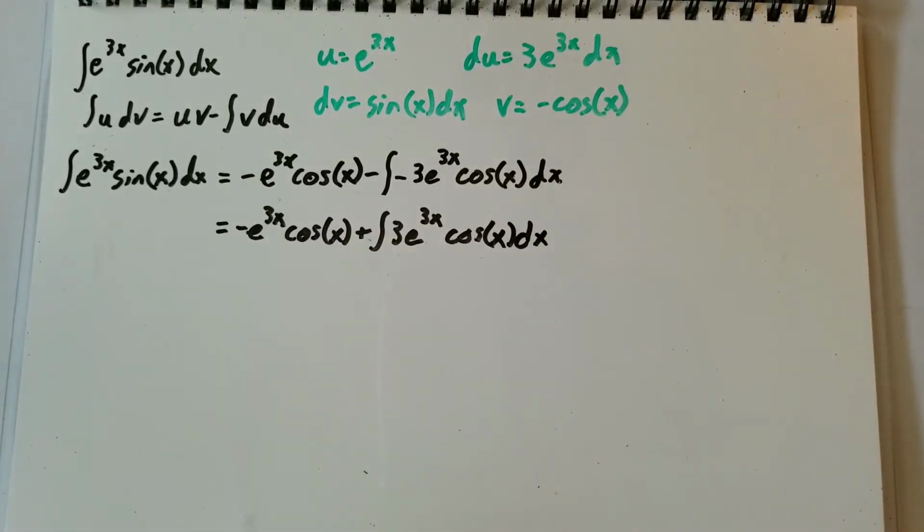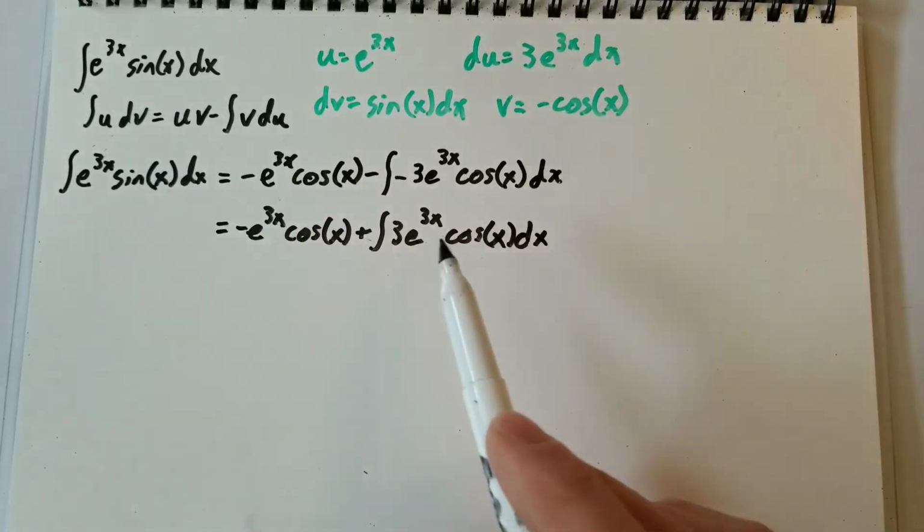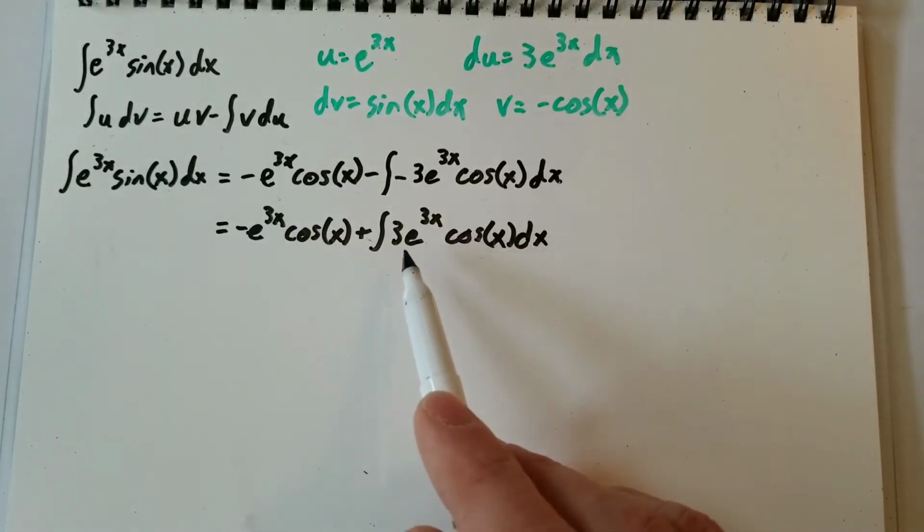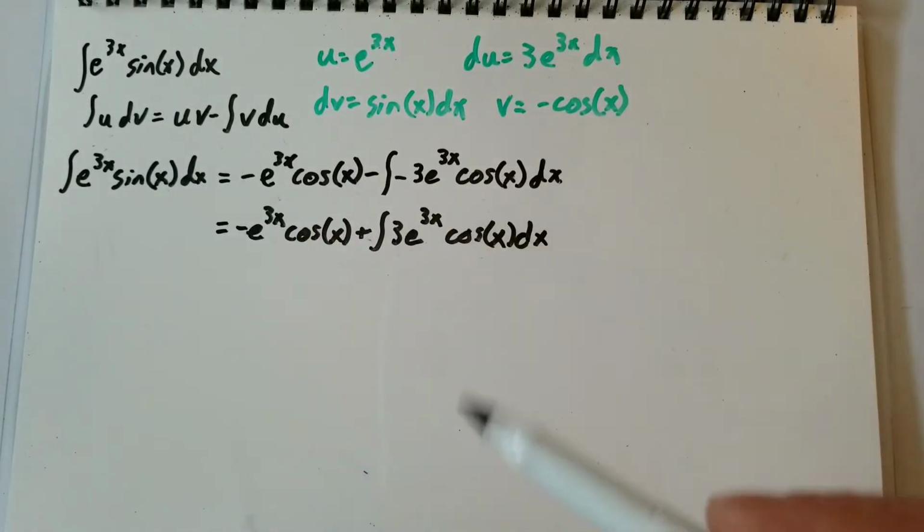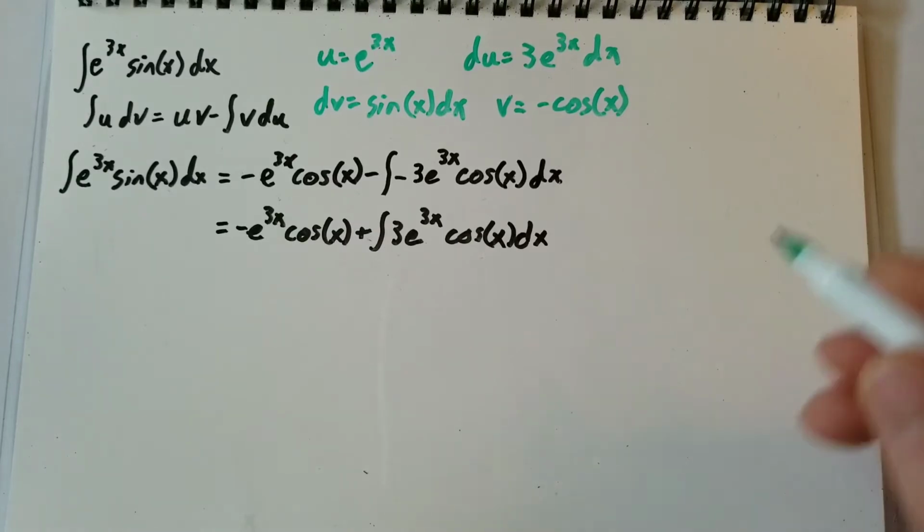Now when looking at it, we're going to notice that we have to do integration by parts again. So that's two times we're doing integration by parts here. We did it up here, and now we have to do it again because we still have this, and integration by parts is really the only way to do it. So we're going to pick our u and our dv again.